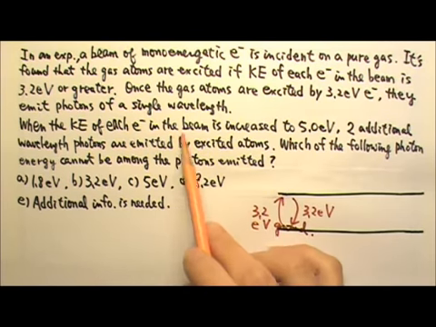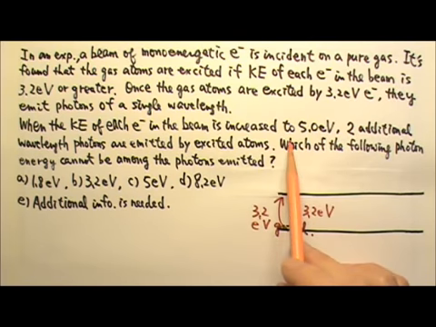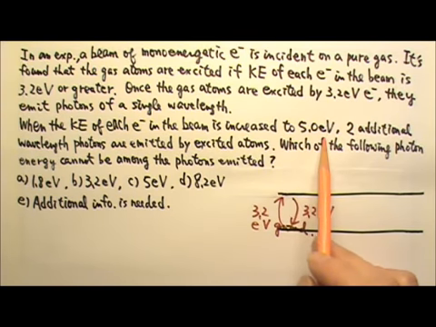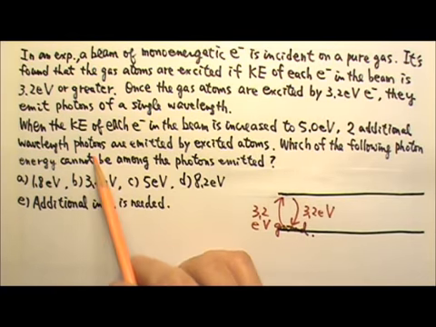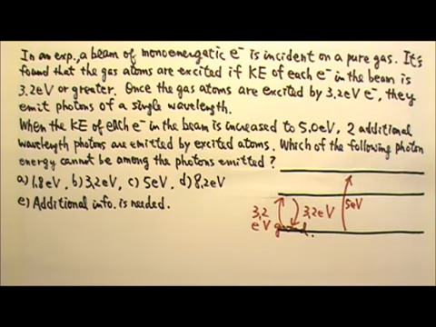When the kinetic energy of each incident electron is increased to 5 eV, 2 additional wavelength photons are emitted by the excited atoms. This means there must be another energy level that is 5 eV above the ground state.